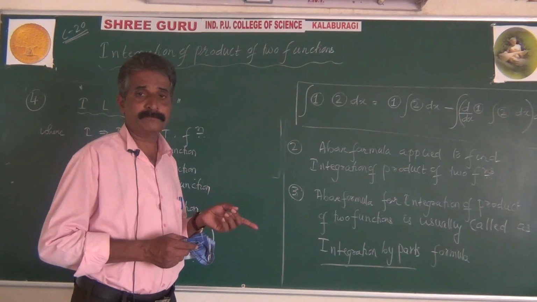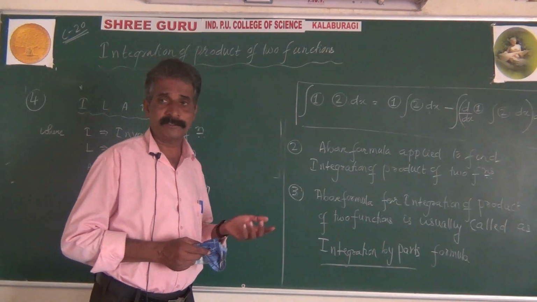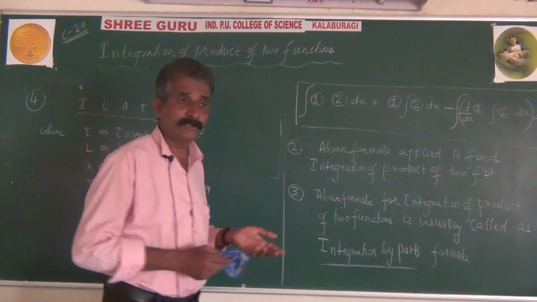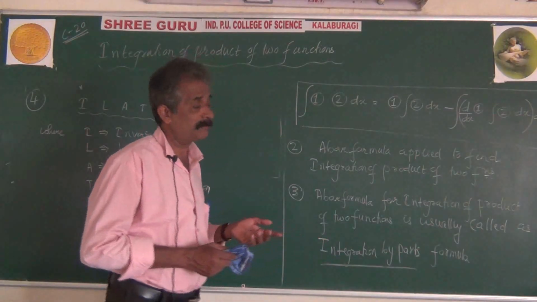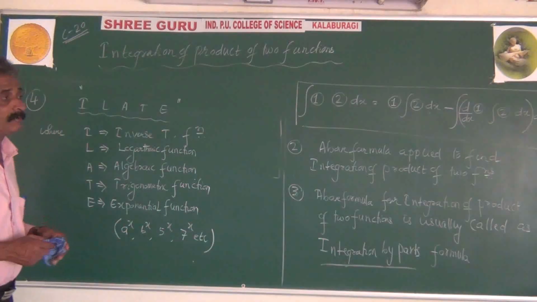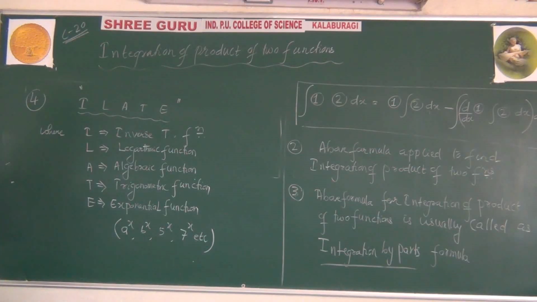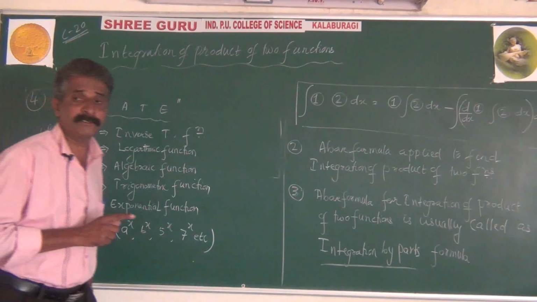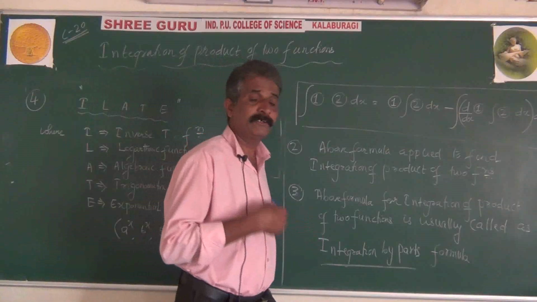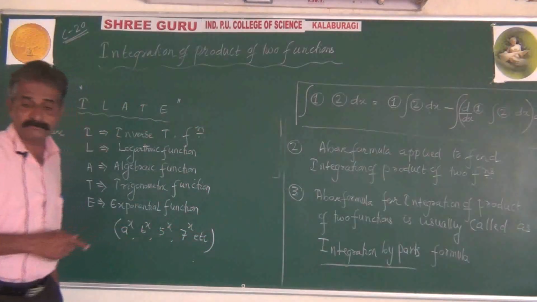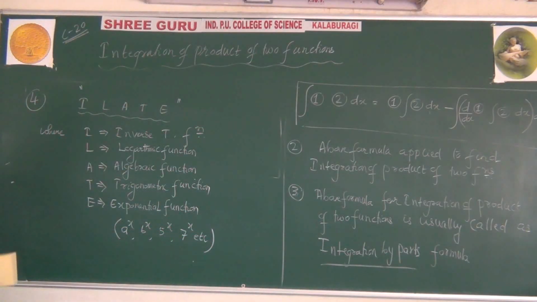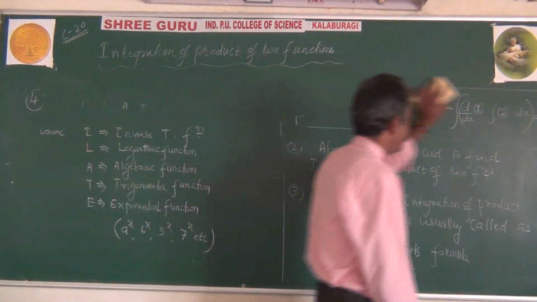Type 5, px plus q by ax square plus bx plus c with root, without root. Type 6 was concerned with partial fractions. Now type 7 problems are concerned with integration of product of two functions, as well as problems based on using integration by parts. So write type 7 problems.